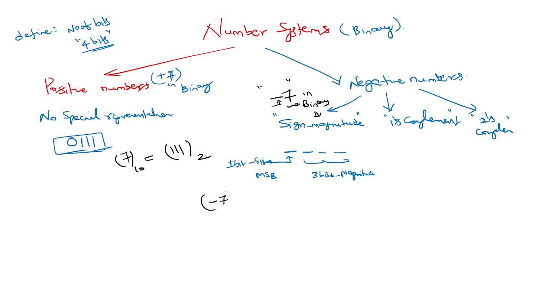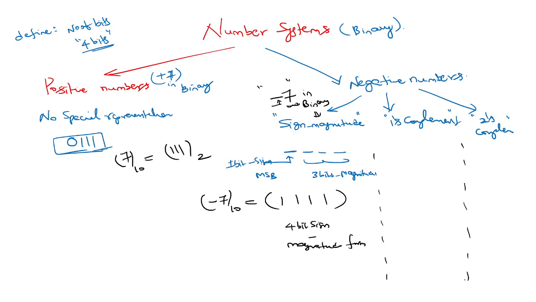So minus 7 in decimal is equal to 1, 1, 1, 1, this is nothing but 4-bit sign magnitude form. Right. So far so good.